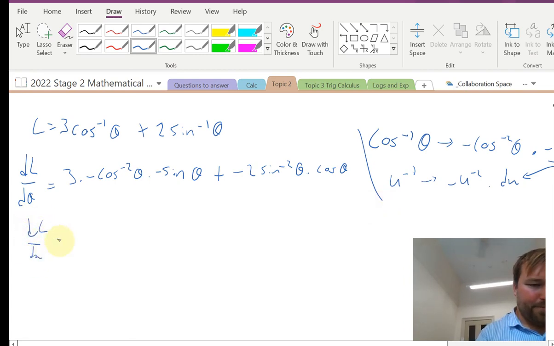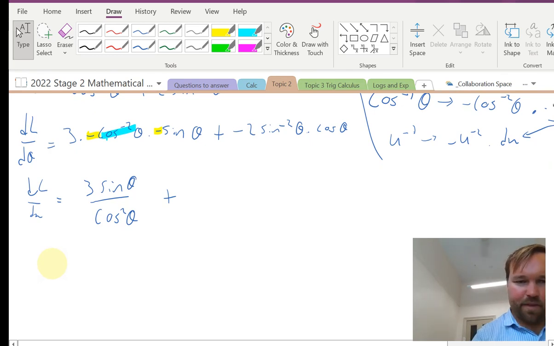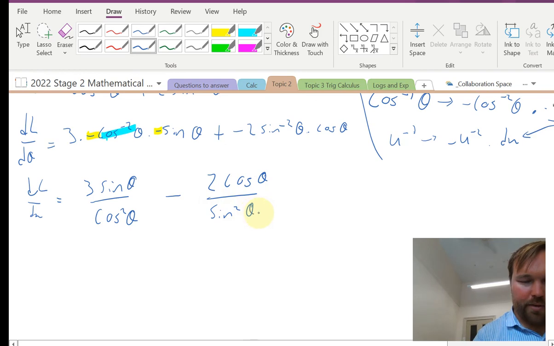Alright, let's do that tidying that I promised. dL d theta equals, now there's some negatives here, that negative and that negative cancel. And we're going to be left with, and I'm going to drop this down the bottom, 3 sine theta on cos squared theta, actually minus 2 cos theta over sine squared theta.